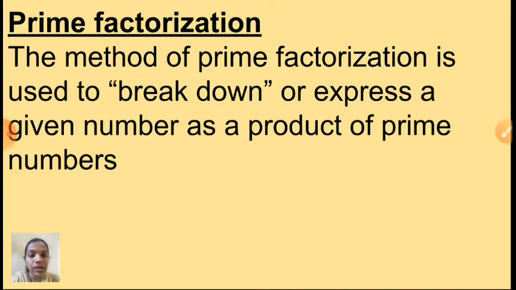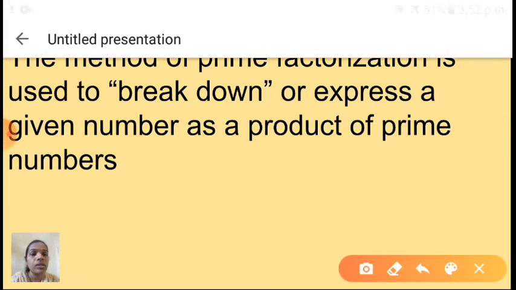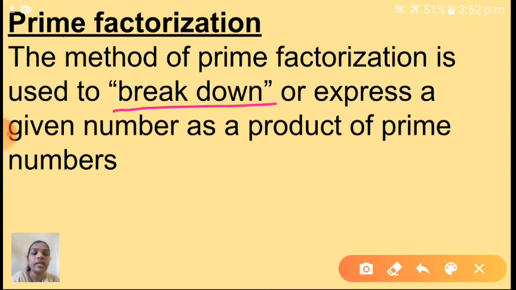Okay children, so we have to find the factors. How we have to find the factors? Two methods already I told. The first one is, you have to use the factors method, otherwise the prime factorization method. What is meant by prime factorization method? The method of prime factorization is used to break down or express a given number as a product of prime numbers. So when I solve, easily it will come to know.